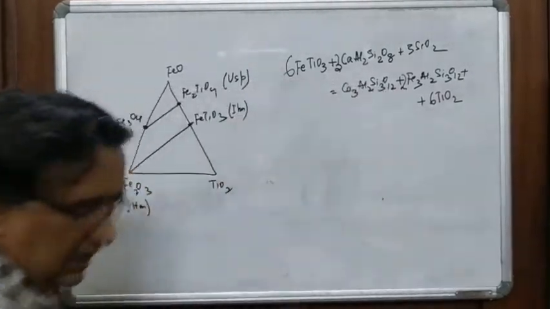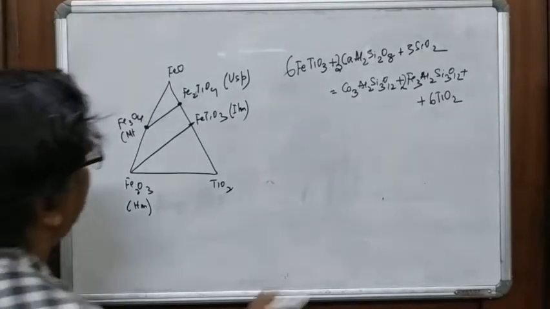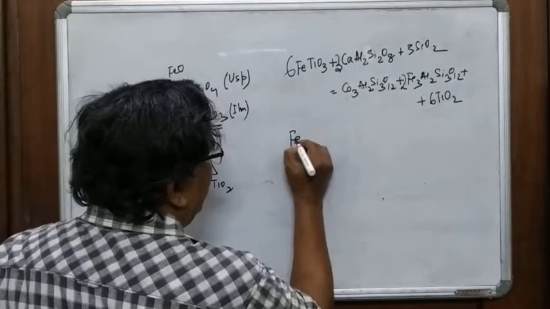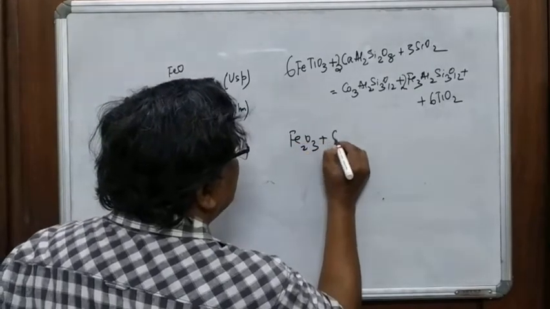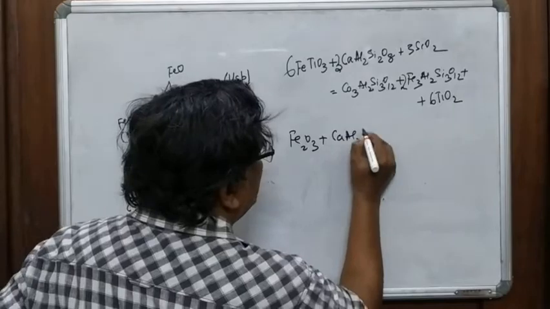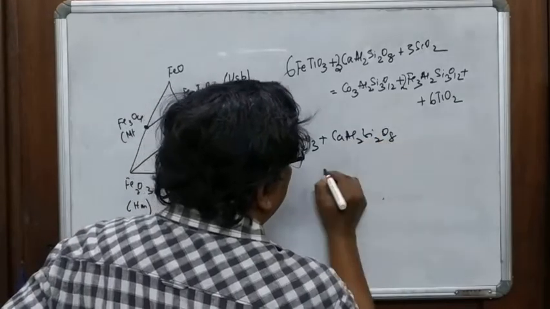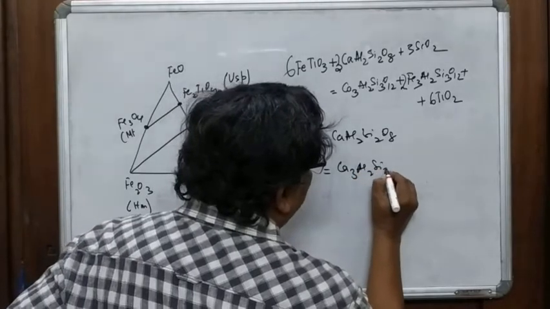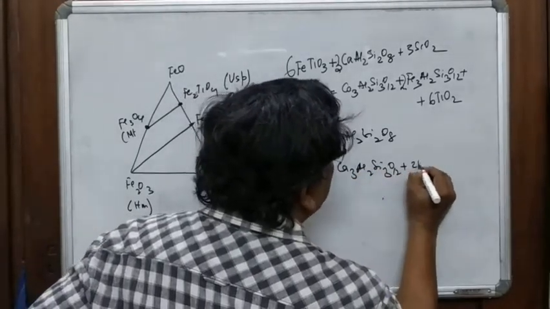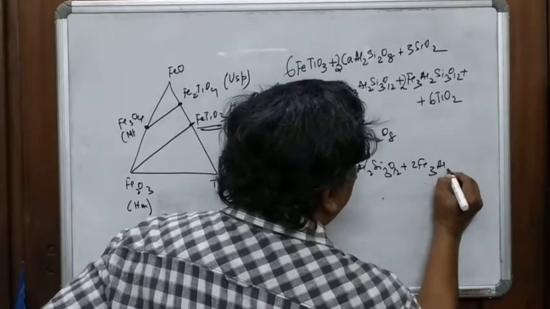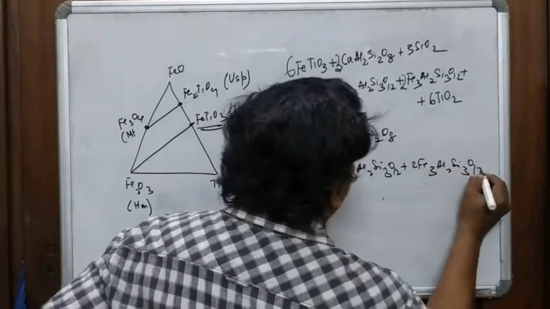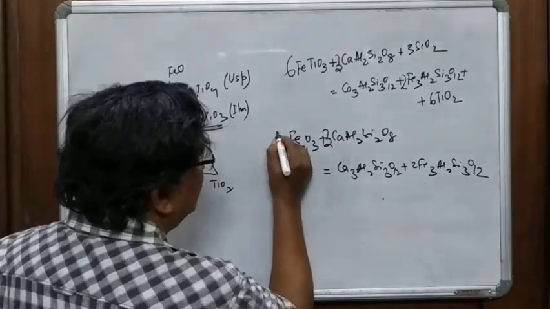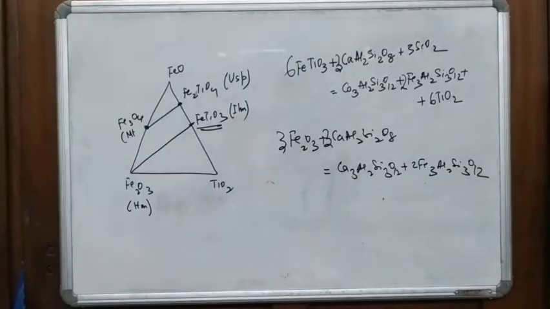Similarly, there can be other iron end member reactions. Say, for example, we have talked about ilmenite. If we take hematite, say for example, Fe2O3 plus CaAl2Si2O8 is equal to Ca3Al2Si3O12 plus 2Fe3Al2Si3O12, and this will be 3 and this will be 3, and you can see what it will be.